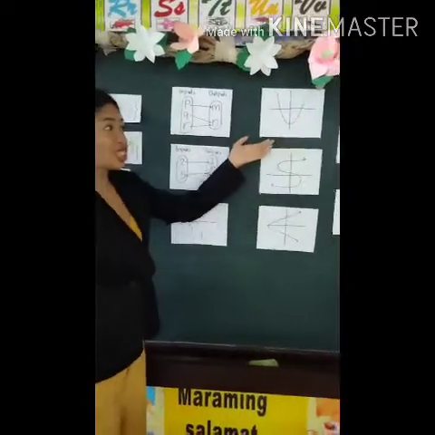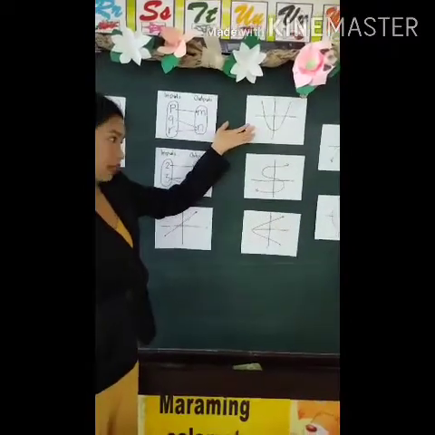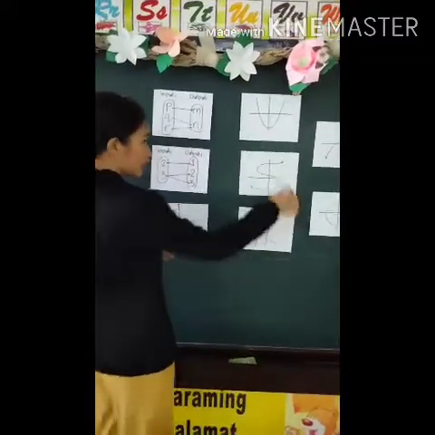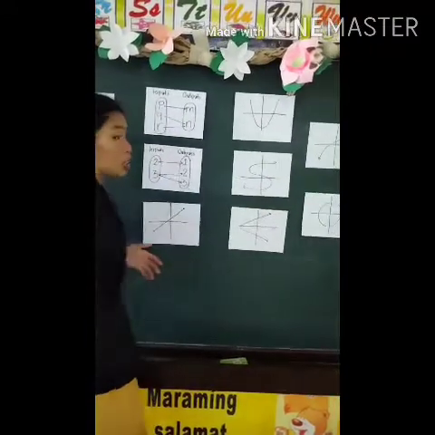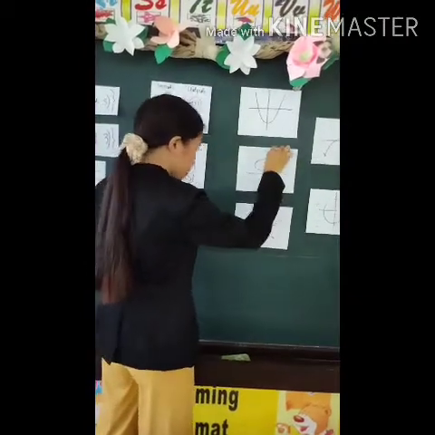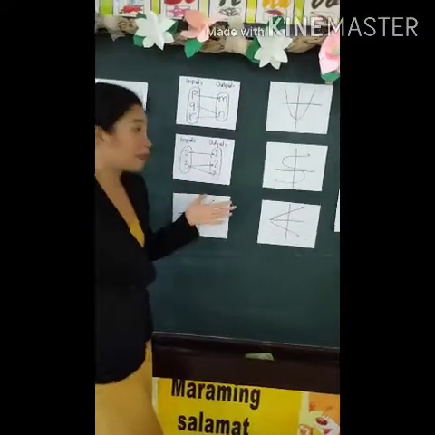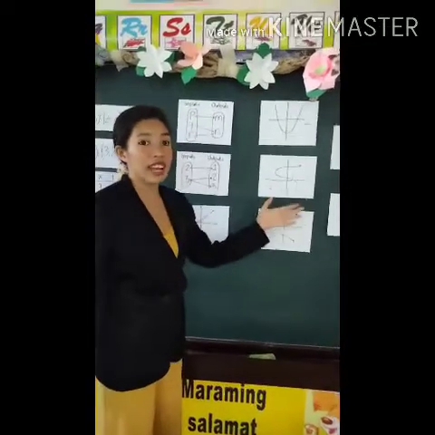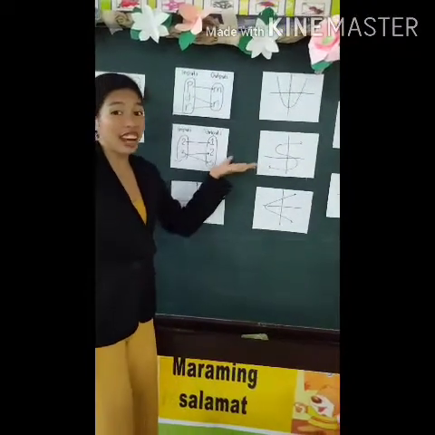The vertical line crosses the relation only once. So this is also a function. How about this? The graph looks like the letter S. So we'll do again the vertical line test. As you can see, the vertical line crosses the relation more than once. So this is not a function.